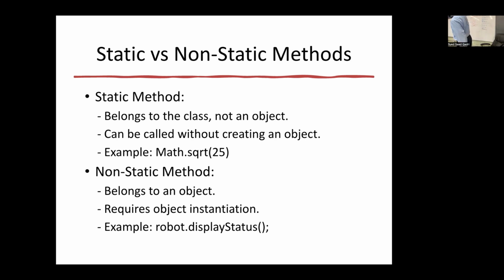I'm calling it by robot. How do you know robot is not a class name? It's not uppercase. So if it is not a class and you're calling a method by a name, that has to be an object, like M1, M2, M3. Can't you name a class like these? You can, but it's against the Java naming convention.